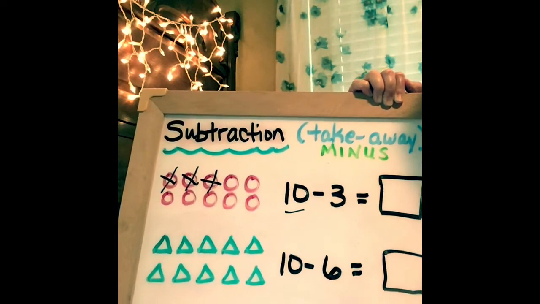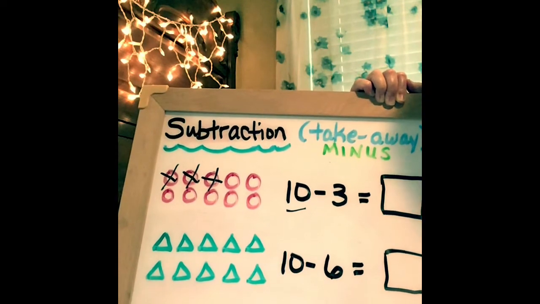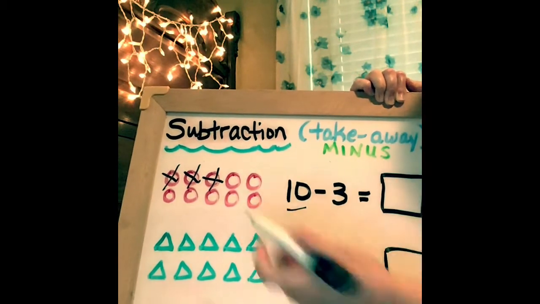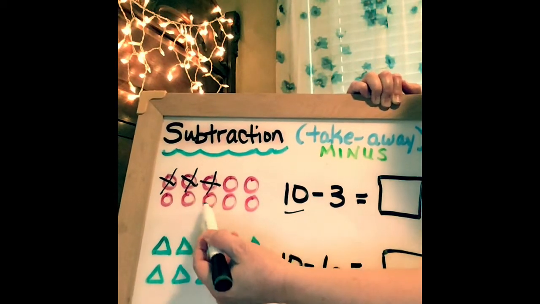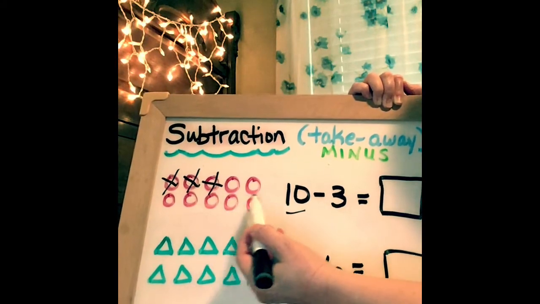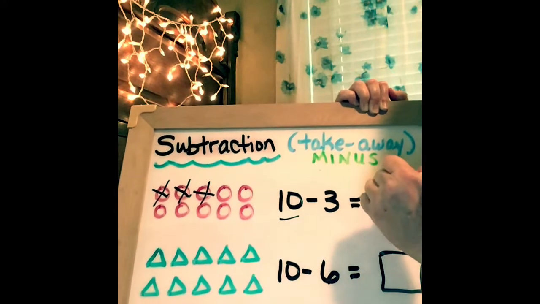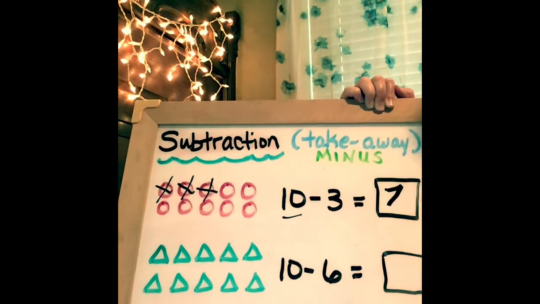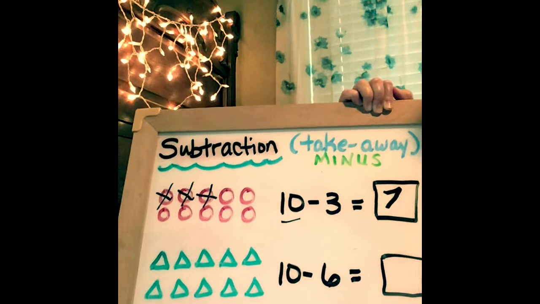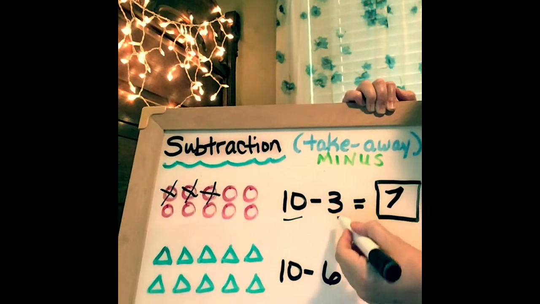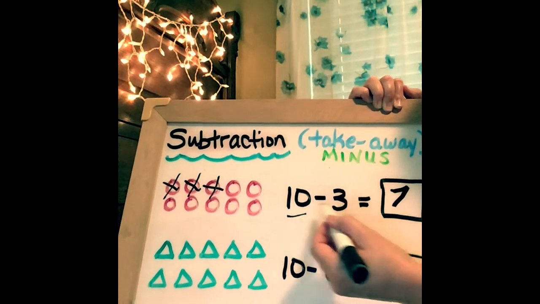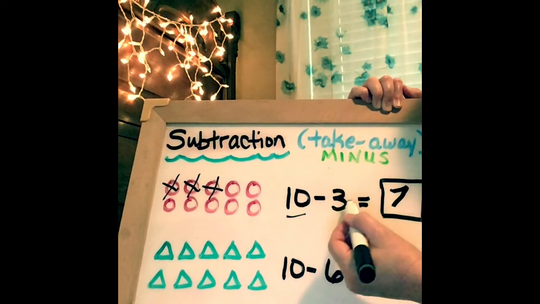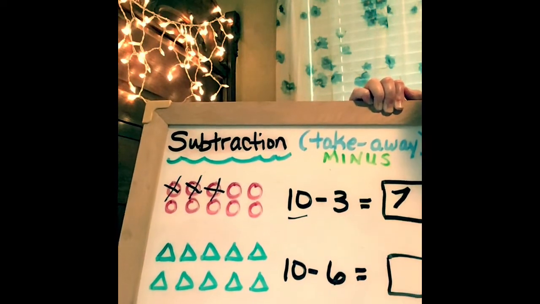You can simply go back and count the number of circles you have left. So 1, 2, 3, 4, 5, 6, 7. I have 7 circles left. So my number sentence now, this is what we call a number sentence or a subtraction problem, 10 minus 3 equals 7.